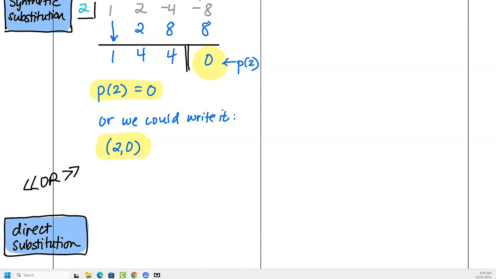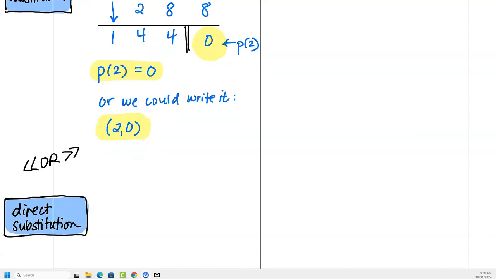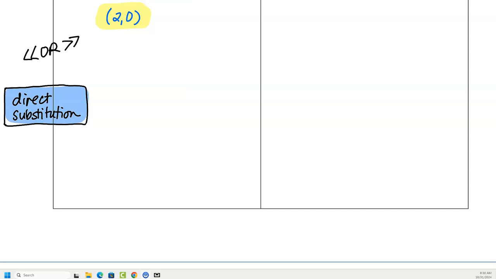So just as a review, the equation written above is P of x is equal to x to the third plus 2x to the second minus 4x minus 8, and we're going to find P of 2.